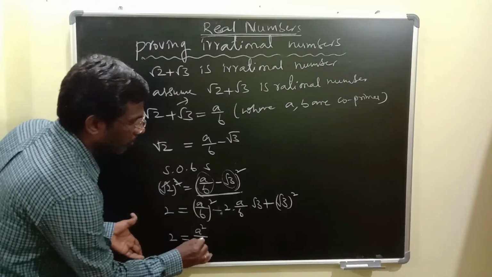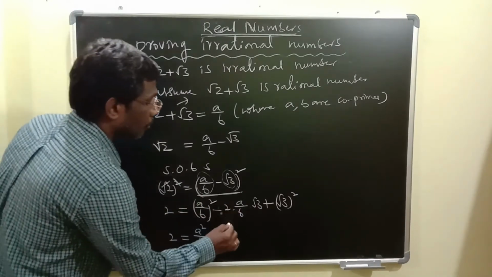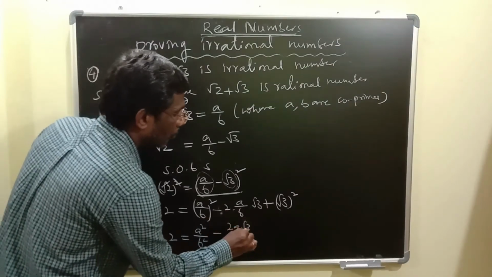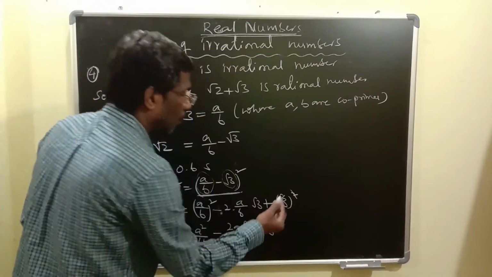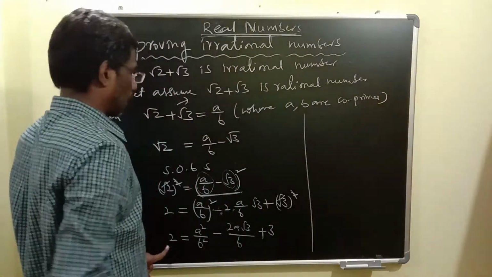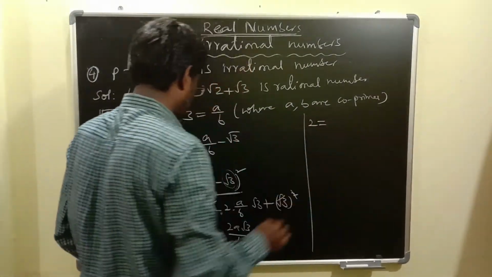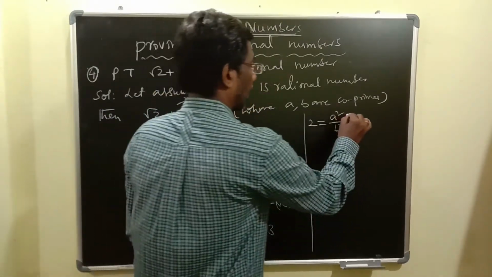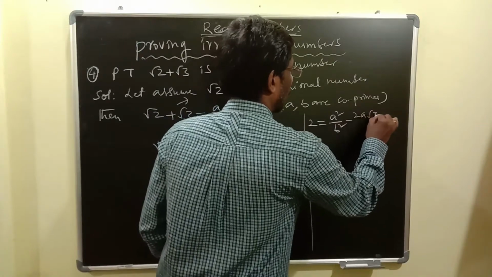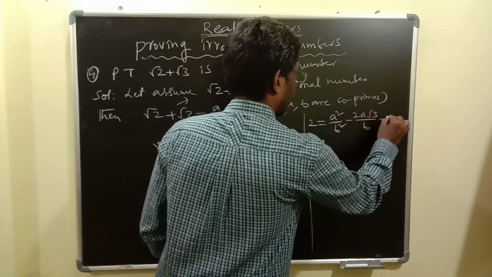A square by B square minus 2A root 3 by B plus square root cancel, 3. Next write this 2 as it is, equal to A square by B square minus 2A root 3 by B plus 3.